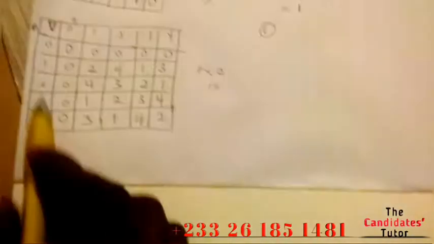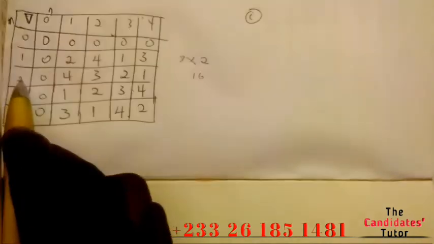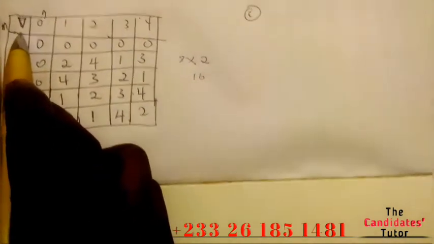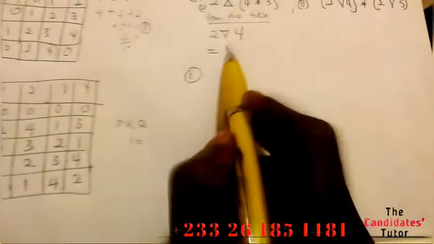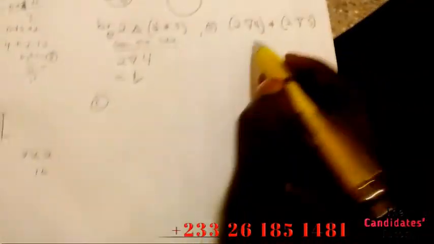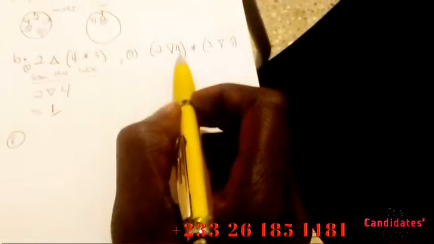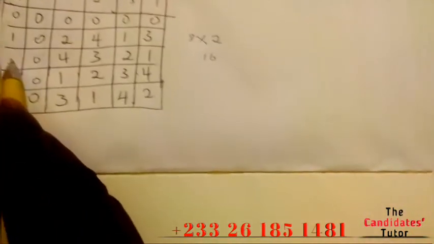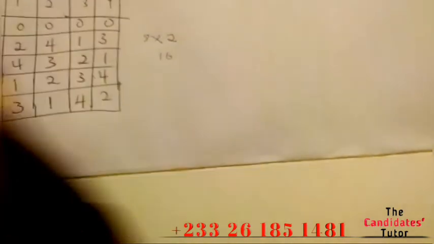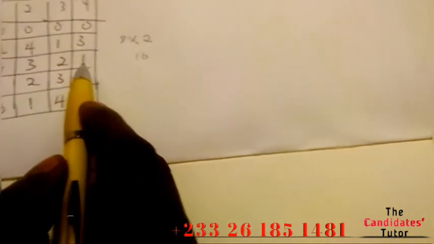So like I said, 2 triangle 4, and you get 1, so that becomes the answer for this. Now what about this? We're going to solve the one in the bracket. So you have 2 triangle 4, and 2 triangle 4 is 1.